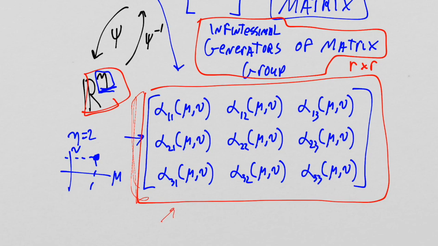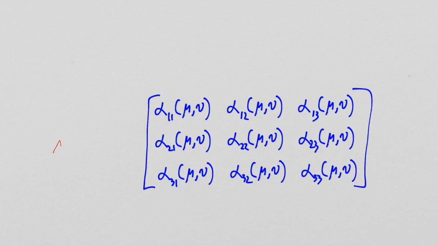Let me clean this up a bit. So this thing here might be M mu nu. And then if I wanted to write M mu 0, I would put a 0 in all of these slots, like that.